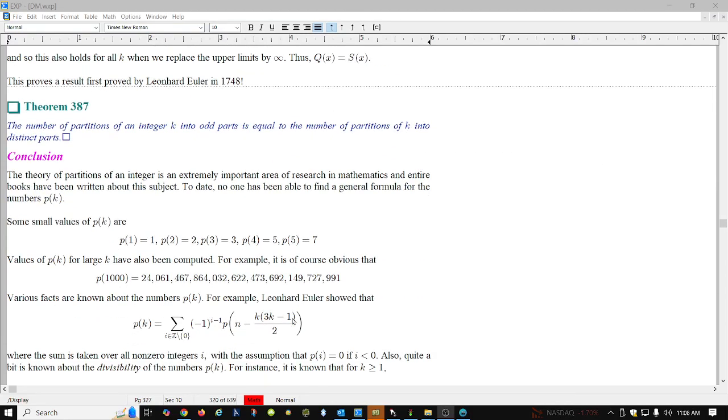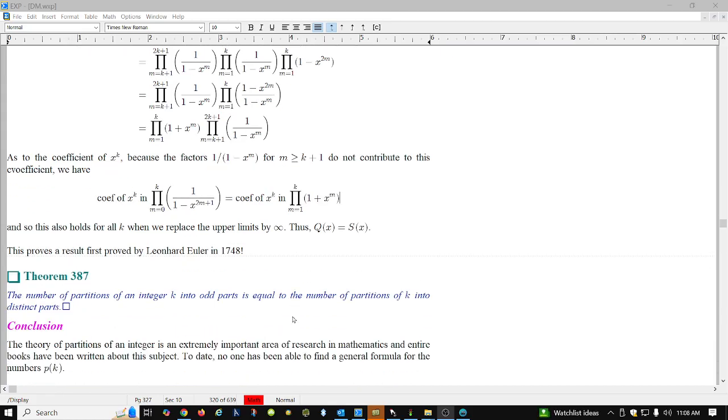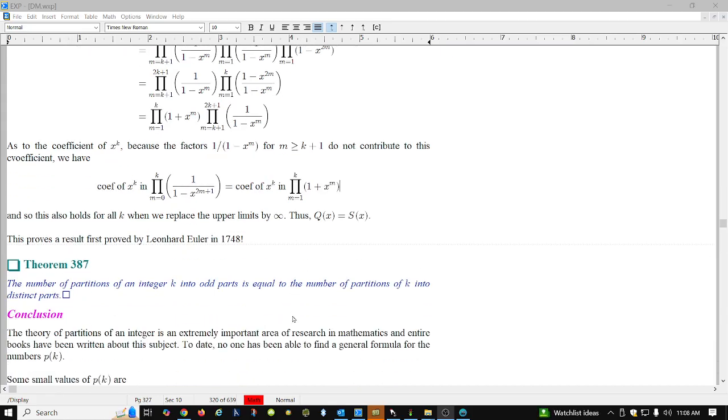Well, in conclusion, the theory of partitions of an integer is a very important area of current research in mathematics, obviously, because there's so much we don't know. Entire books have been written on this question. And again, no one has found a formula for P of k, the number of partitions of an integer k.